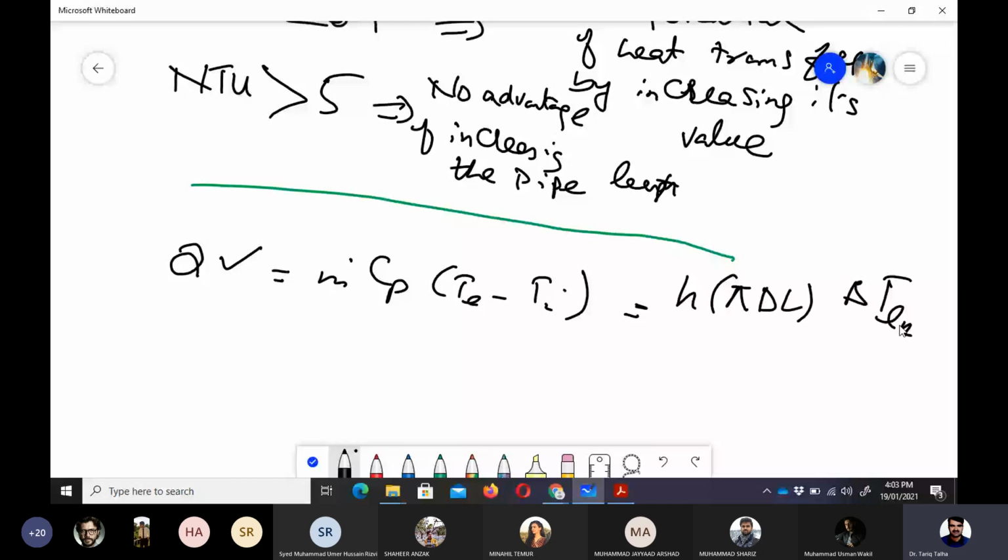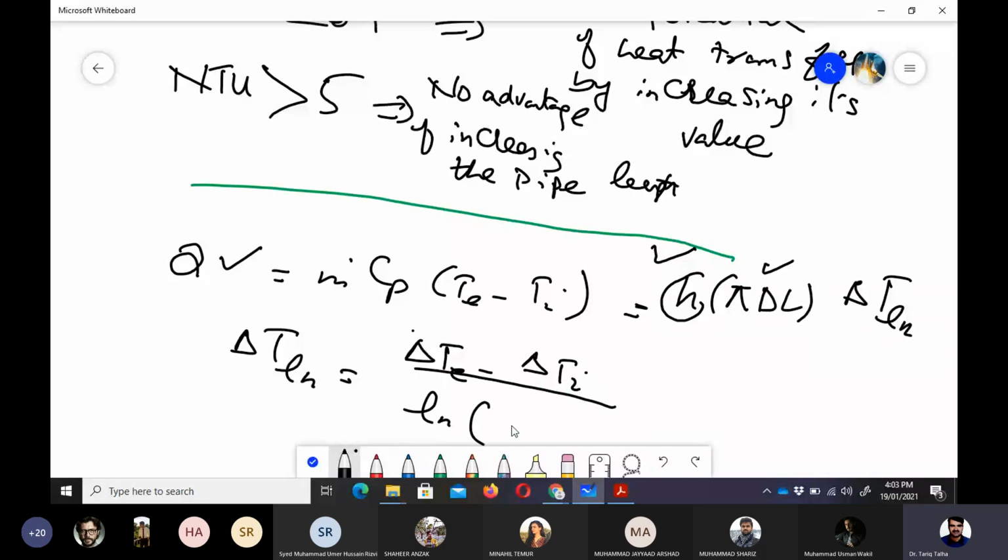H value is given, the diameter is known to us, and delta T logarithmic would be equal to delta Te minus delta Ti divided by log of delta Te upon delta Ti.